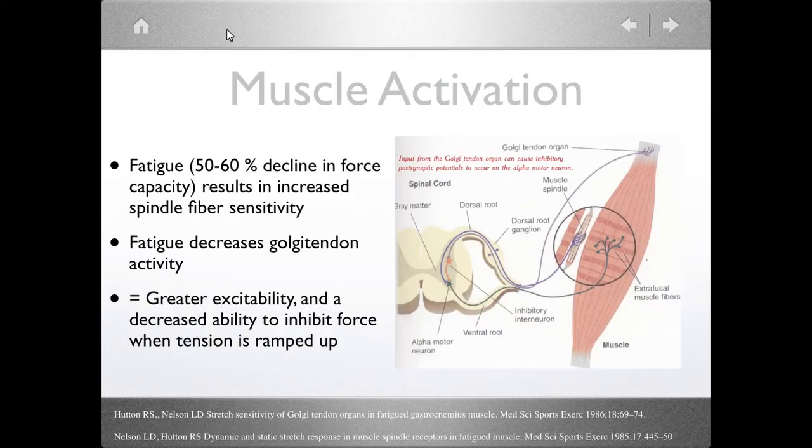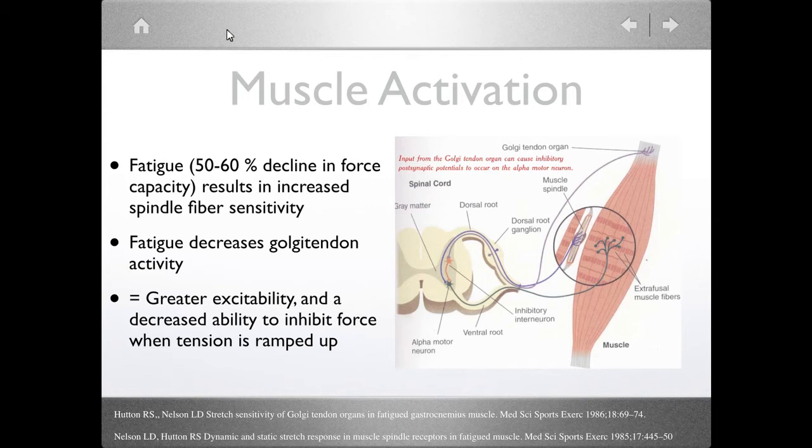So why does this occur? Well, when you have fatigue, like 50 to 60% declines in force, this results in increased spindle fiber sensitivity. Those are the fibers associated with stretch, and decreases Golgi tendon activity, and that's your inhibitory activity.